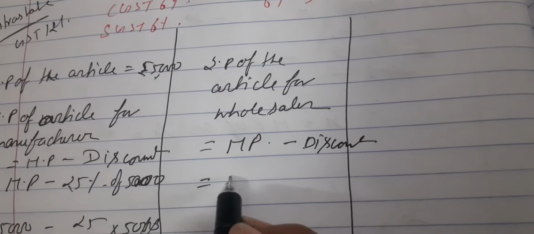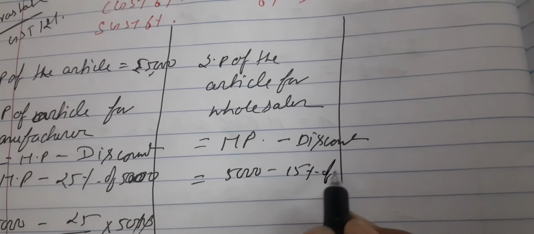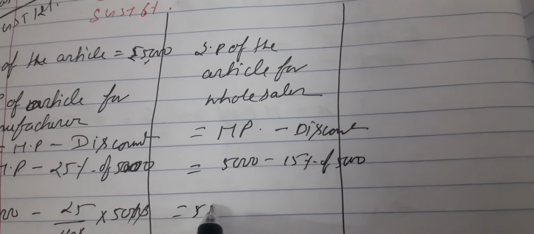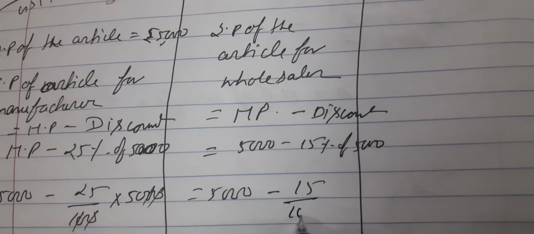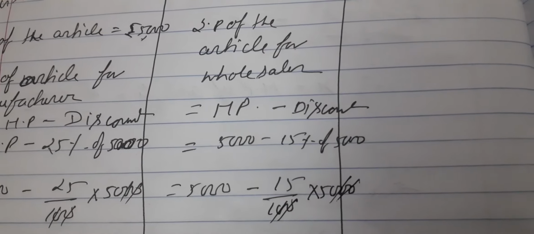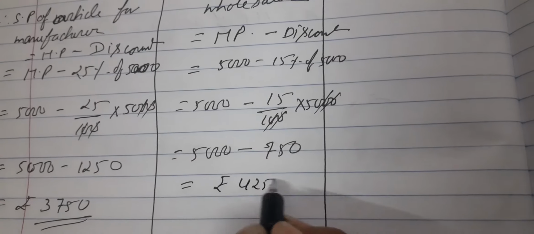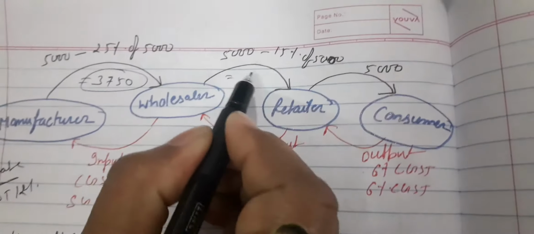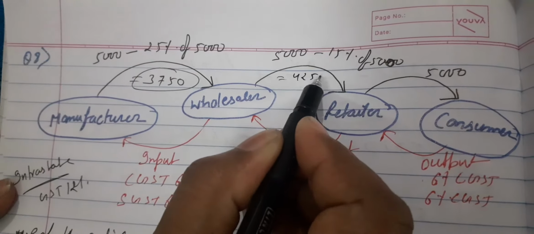He has given 15% discount, so it is 5,000 minus 15% of 5,000. So it is 5,000 minus 15 by 100 into 5,000. So the zeros cancel, and here 5,000 minus 750 is rupees 4,250. So the wholesaler sold this item to the retailer at the cost of 4,250.